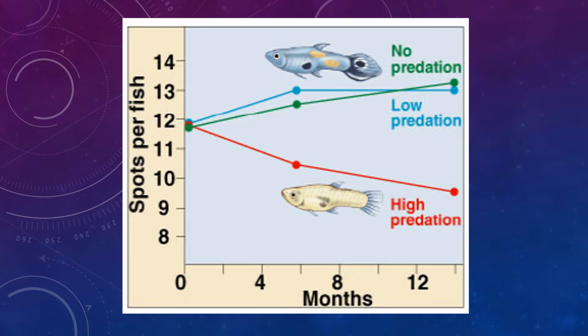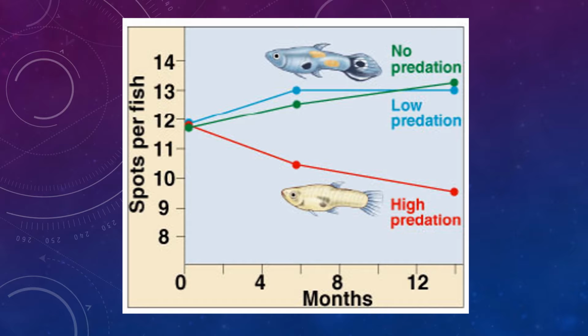Basically, natural selection occurs when organisms with the most successful adaptations leave the most offspring, and therefore the population changes over time to best suit that certain environment, right?